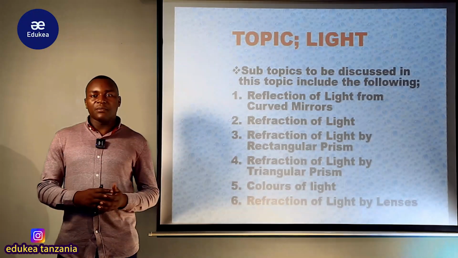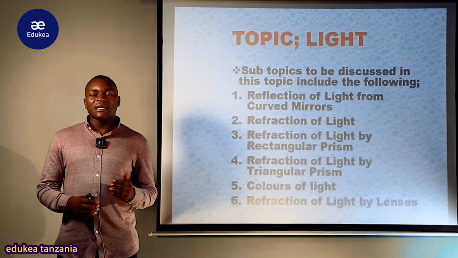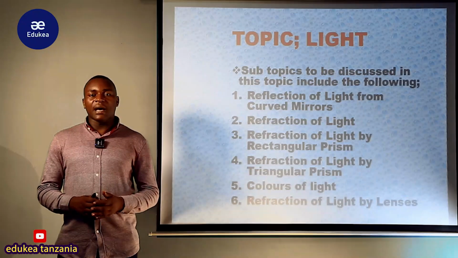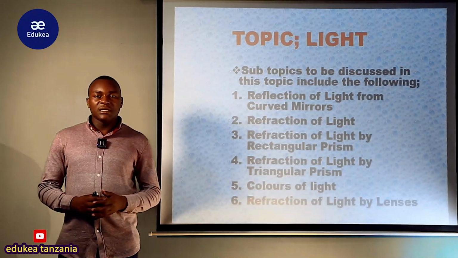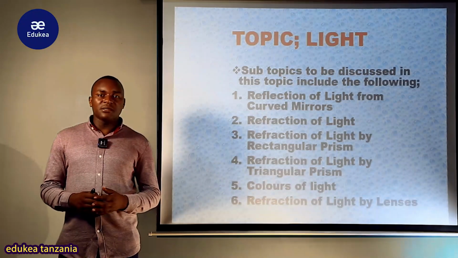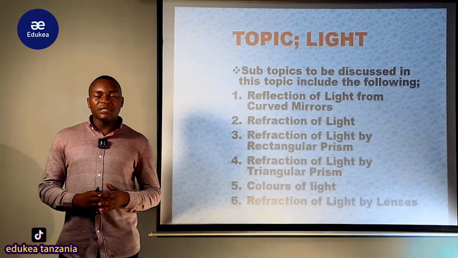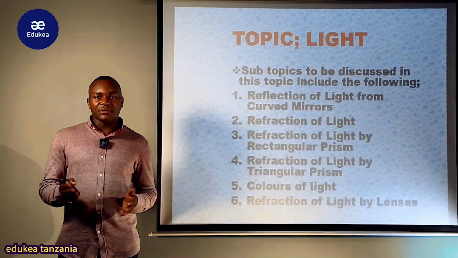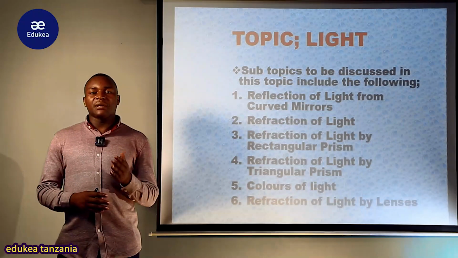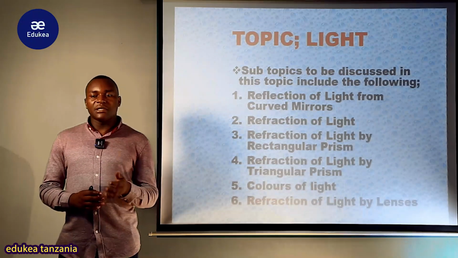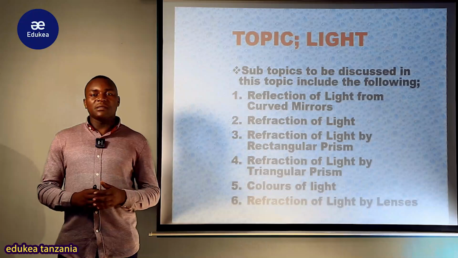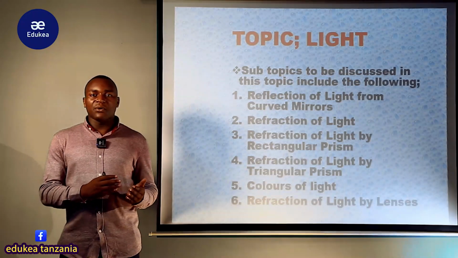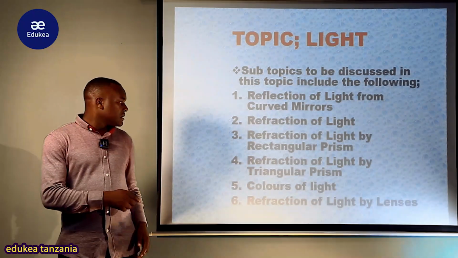Kuna rectangular prism pamoja na triangular prism, lakini katika triangular prism kuna ambao ni right angled triangular prism, ambapo hii right angled ni yenye degree 45 na 90. But tukaangalia equilateral prism or triangular prism, ambapo ni angle ya 60.